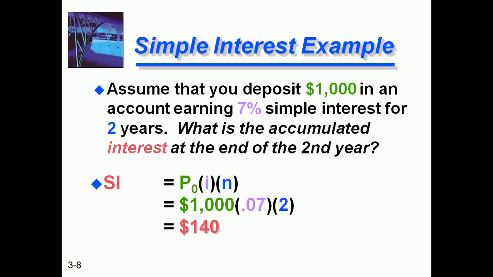See, this is the formula: simple interest is equal to P naught I N. Present value is 1000. Interest is 7%, 0.07. And N is the number of years, so it is 2. When you multiply it, we get 140.